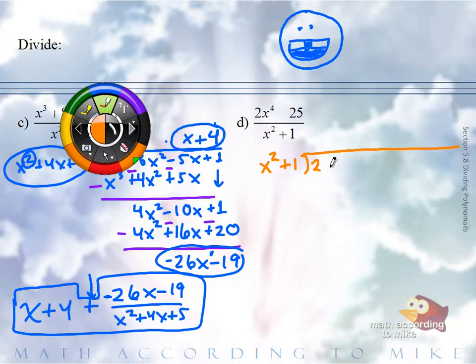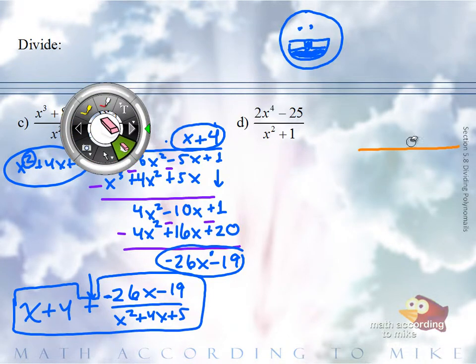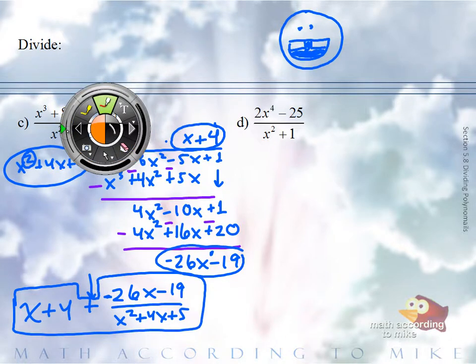So 2x to the 4th plus, actually I need to use a thinner line here because this unfortunately has a lot of work. So 2x to the fourth plus 0x cubed plus 0x squared plus 0x minus 25.